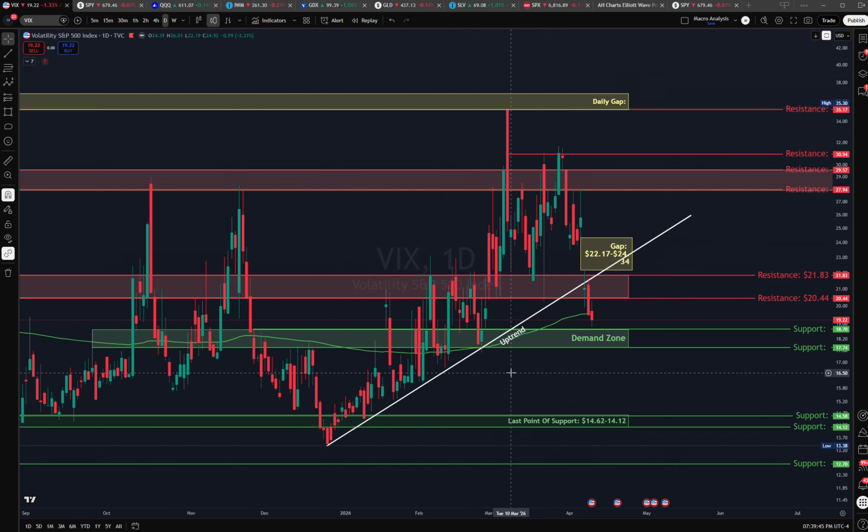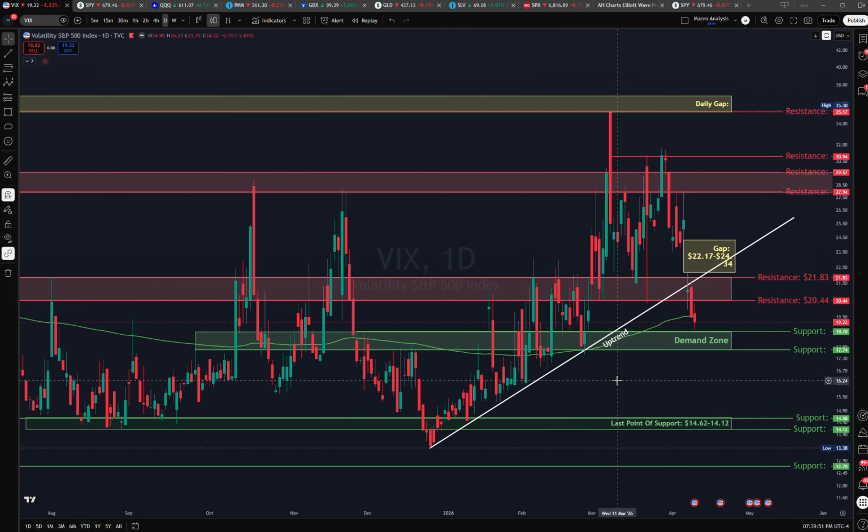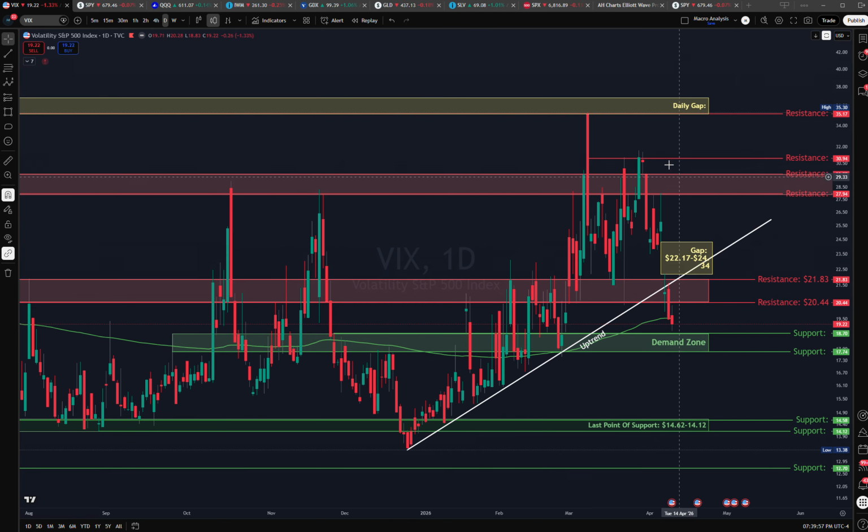Whenever you're trading the market, the way VIX works is these supply zones and demand zones that you see. Whenever you're seeing a supply zone, that's where you tend to see puts being sold off and calls being bought for the market. That's really what it means, because VIX uses options.